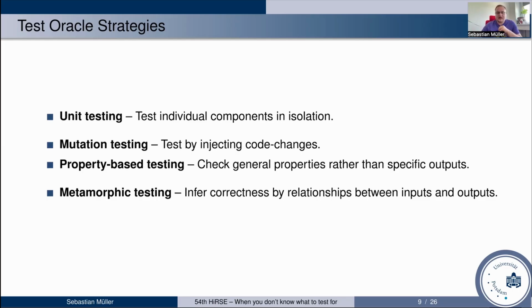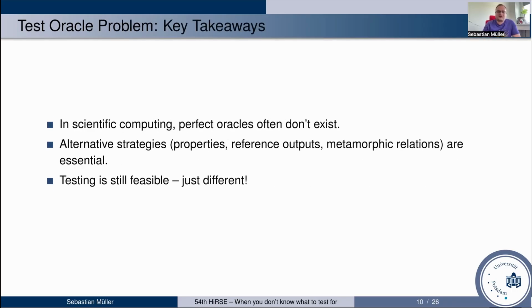Now let's actually go and consider what we're talking about when we're talking about this idea of metamorphic testing, where we're inferring the correctness by using relationships between inputs and outputs. I will come back to that in just a second, but let us briefly recap what we have talked about so far. We have talked about the test oracle problem, and as a key takeaway for all of you is that whenever we're talking about research software or scientific computing, we're often faced with the problem that perfect oracles just don't exist.